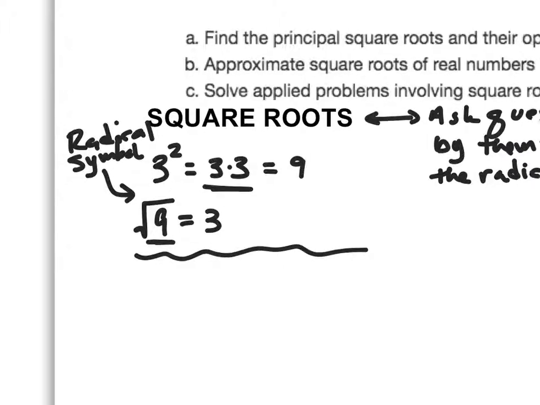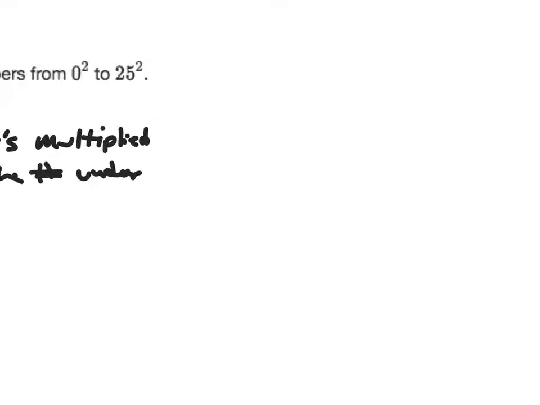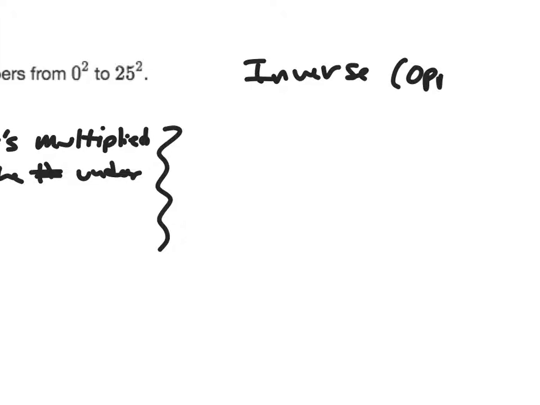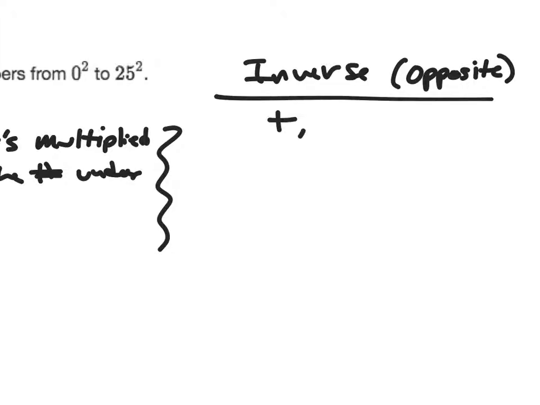The other thing I want to think about is the concept of an inverse. When I say inverse, I usually just mean the word opposite. What's the opposite of addition? The opposite of addition we know to be subtraction. The opposite of multiplication would be division.